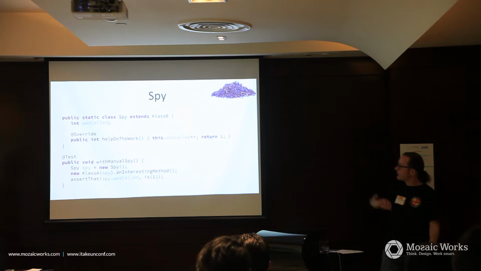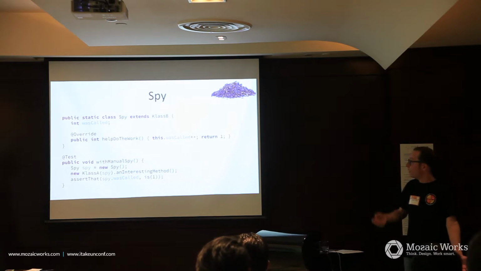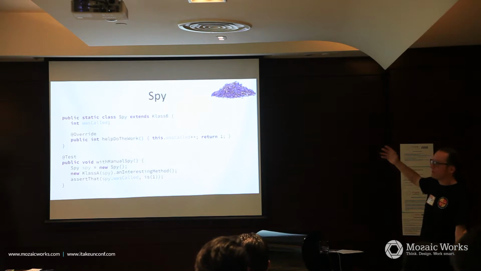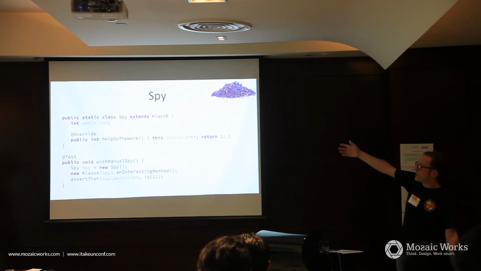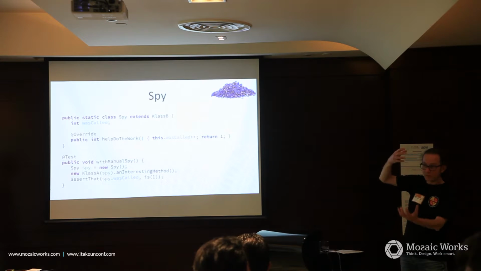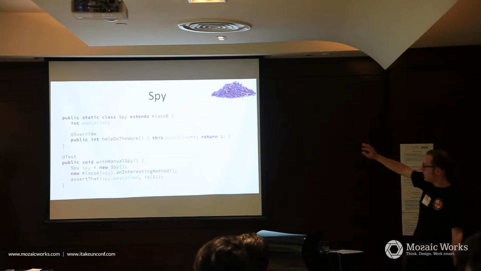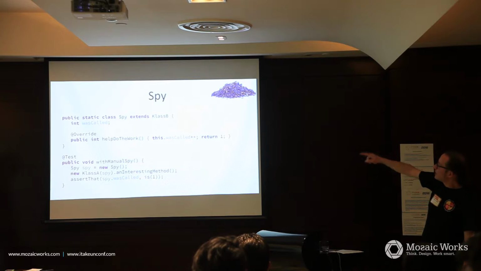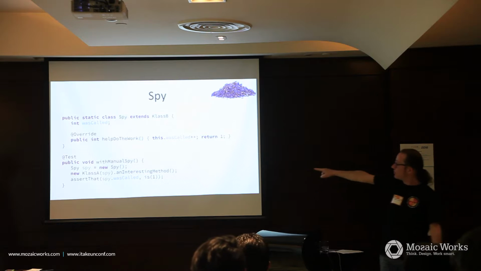The spy looks different if we do it manually. We need a named subclass of class B, because there we need some state. Of course, we could move the state outside into the test, but here in this example it was not so simple. Then you instantiate the spy, you call it, and then you assert that the spy was called.